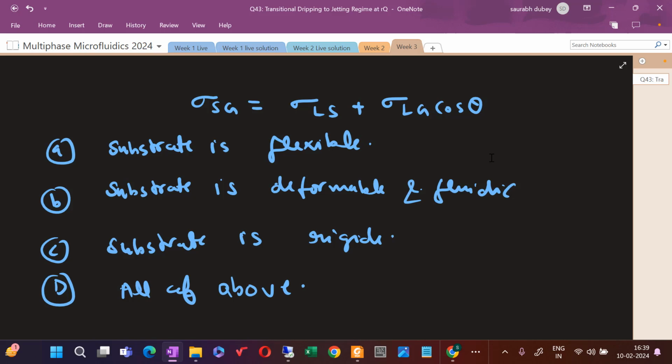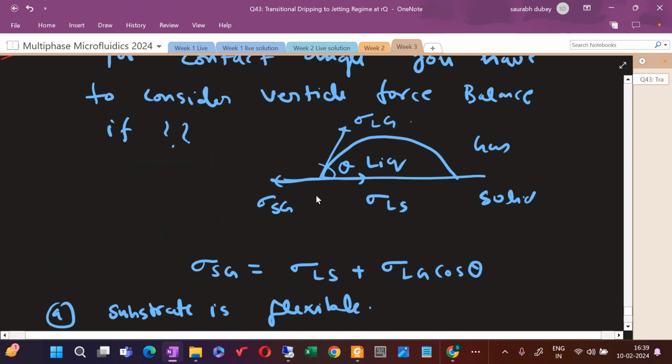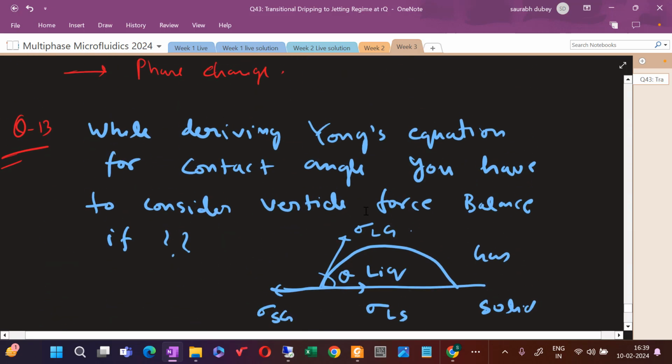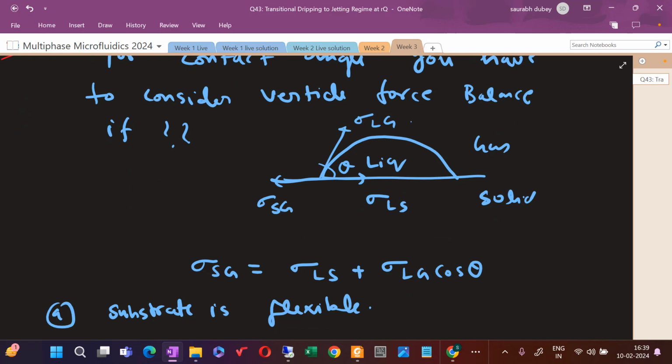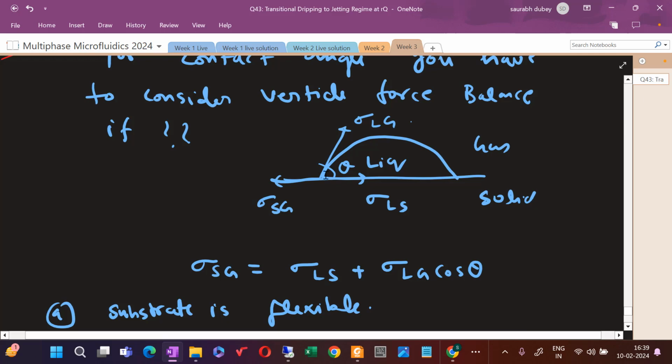So you just think about this. Here you had horizontal balance. When you have to consider the vertical balance, this is the sigma lg cos theta getting equated with the sigma lg, but here sigma lg sin theta will be going up, so it is rigid.